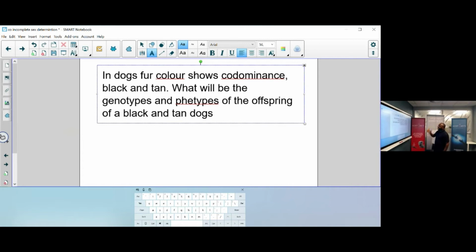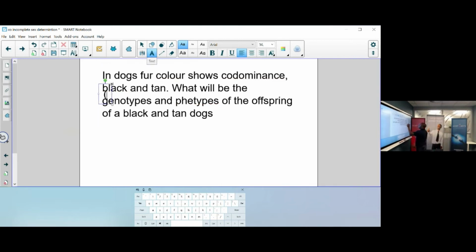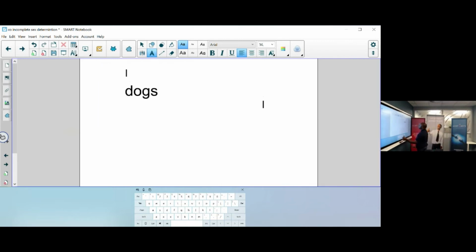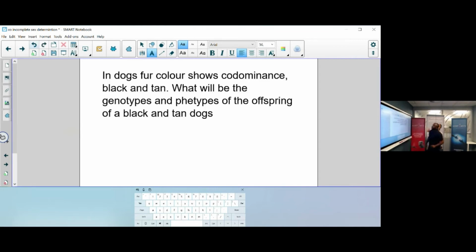Okay, let me leave it. My body is misbehaving today. My apology. Okay, in dogs, fur color shows codominance.